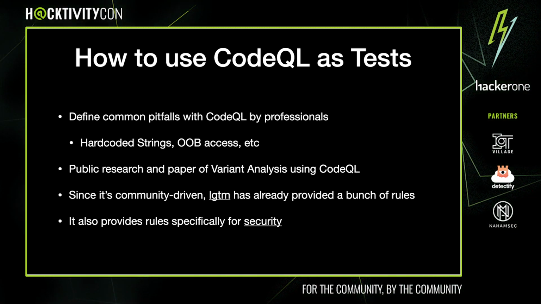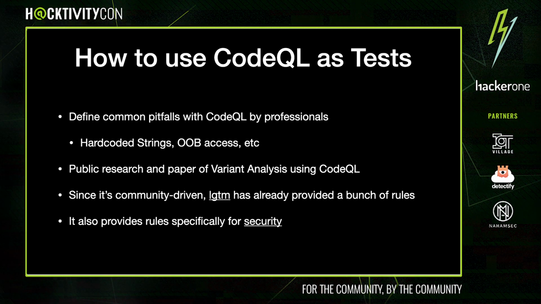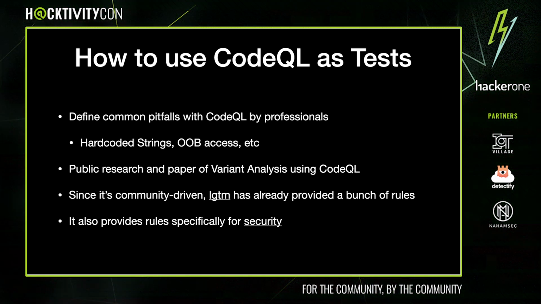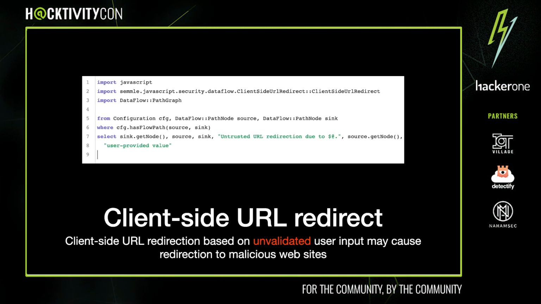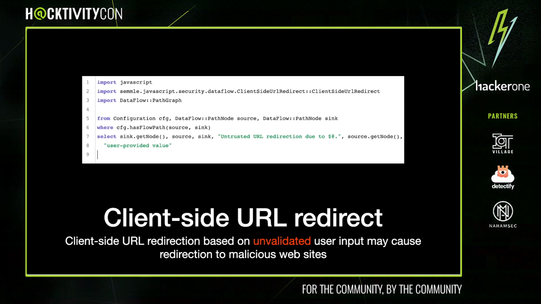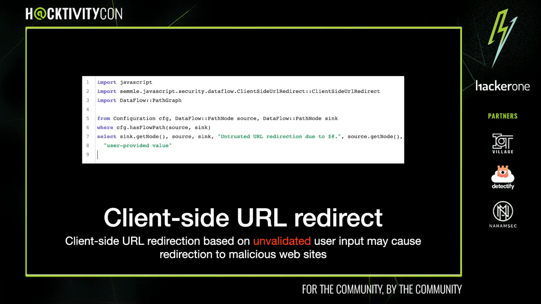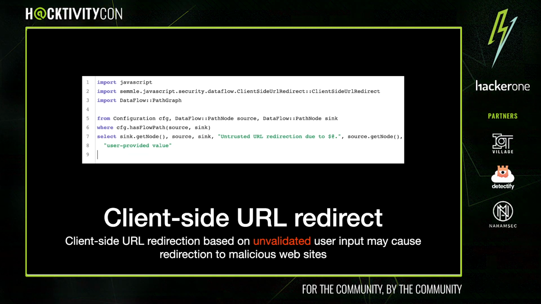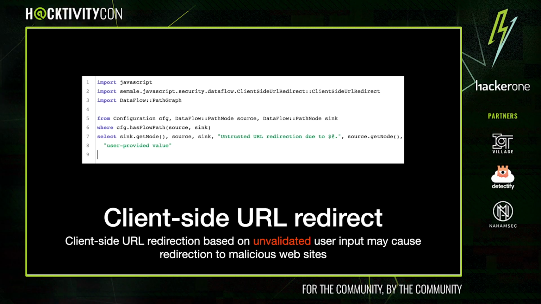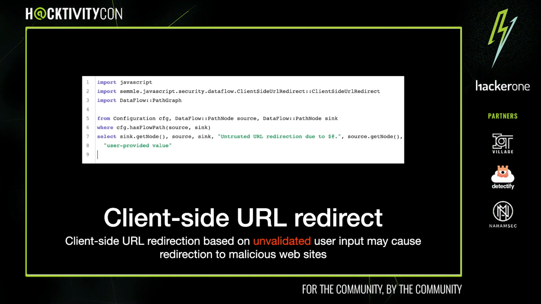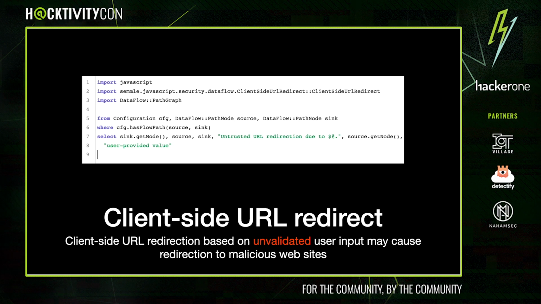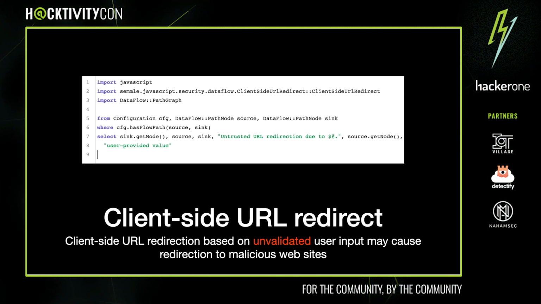The following are some rules that are grabbed from LGTM's official repository. So this one is to check if there exists any client-side URL redirect in the code base. The LGTM team has used taint analysis to check if a user-controllable input is able to reach the website's redirect.